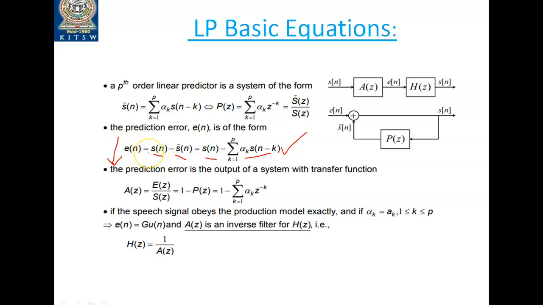To do that, we estimate this whole function so that it equals s of n, and then we get error equal to 0. So there is a procedure. The prediction error is the output of a system with this transfer function. If the speech signal obeys the prediction model exactly, then alpha k equals a k, which we clearly saw in the previous slide.